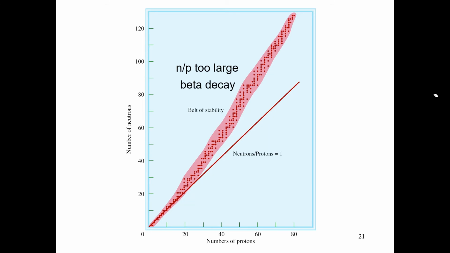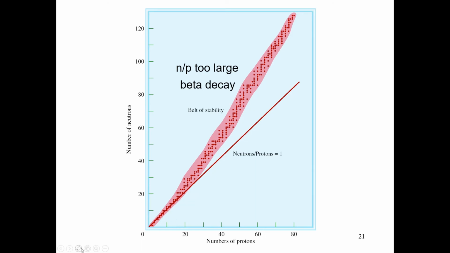Well, as we saw before, this is the process of beta particle decay, where a neutron is converted into a beta particle and a proton. So for many of these unstable isotopes, we may be able to predict that it's going to have beta decay if the neutron to proton ratio is too large.